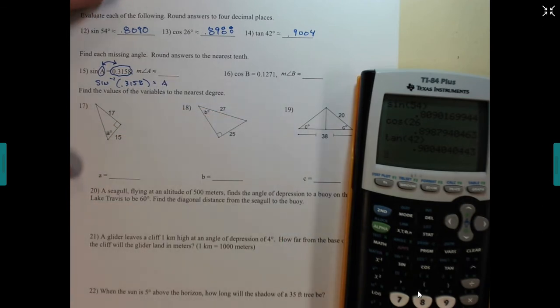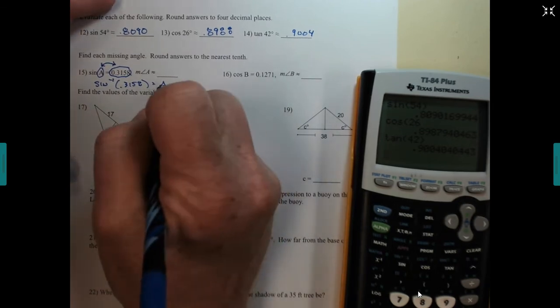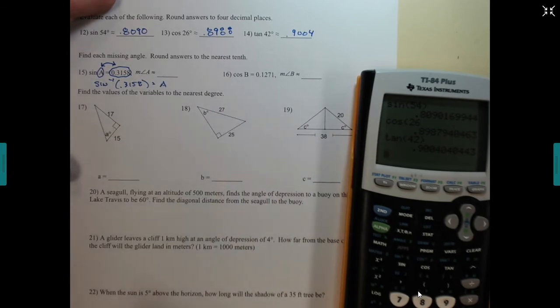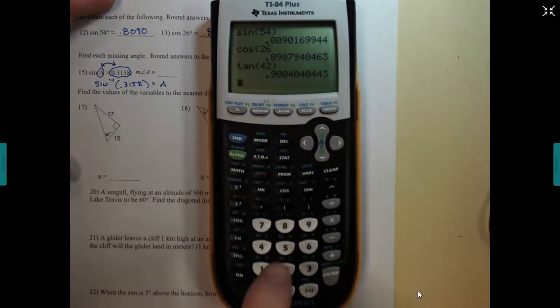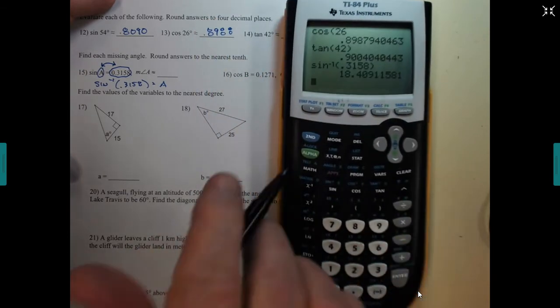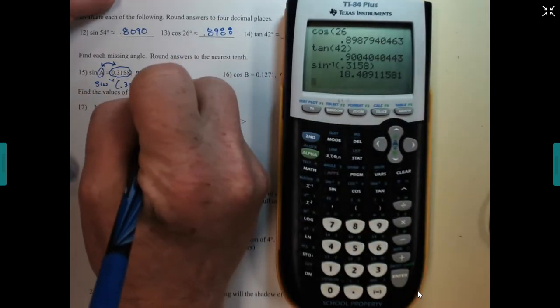I just, in one fell swoop, I got my variable that I'm looking for all by itself. I just need to let the calculator do the work. Second sine brings up the inverse, and I just got to put in that fractional value. And it said round to the nearest 10th, which would be 18.4 degrees.